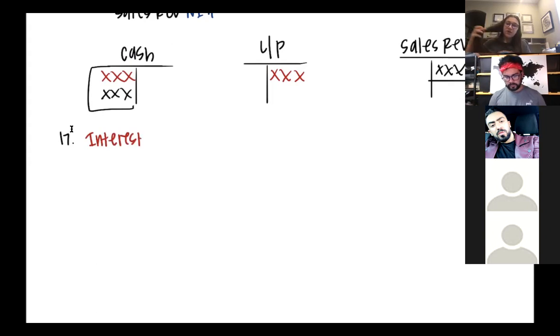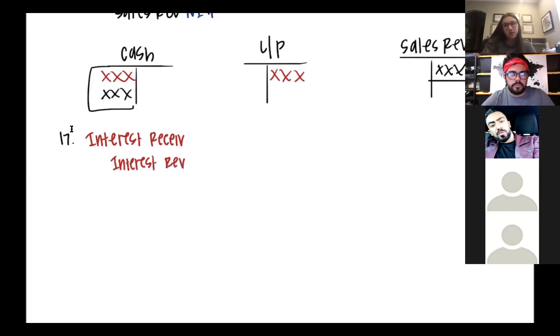If I gave Jesus $1,000 and he has to pay me back with interest, that's revenue for me because I'm earning money on the interest that he owes me. So I debit interest receivable and I credit interest revenue. I'm getting more than my $1,000 that I loaned to him.